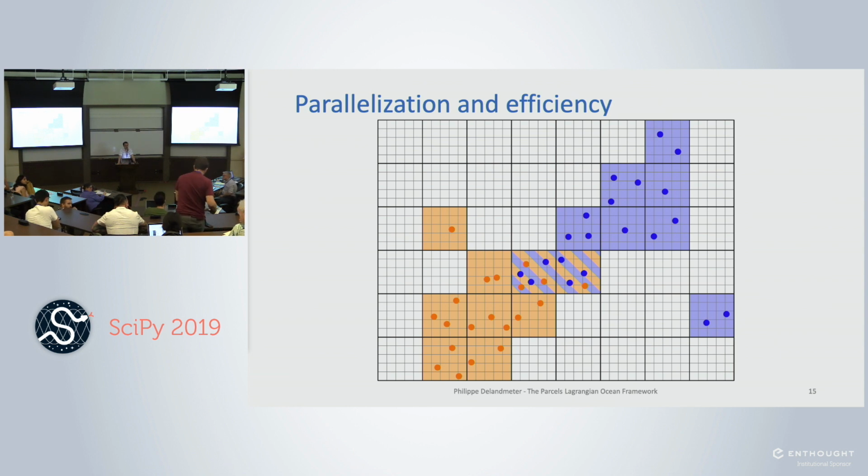Are there any plans to use unstructured grids with this program? It's not the first priority. I would like to, because my PhD was on an unstructured grid, so I would like to put it into Parcels. But so far, the general circulation models are still highly in a structured format, so we don't have unstructured data available now.